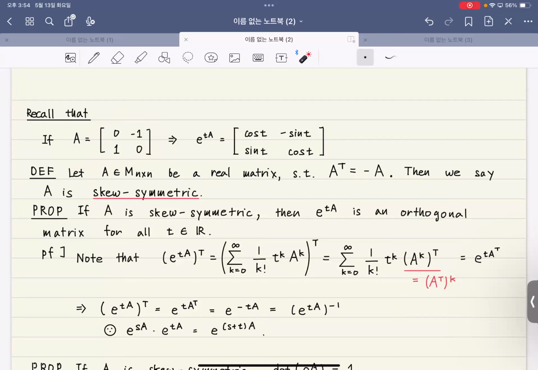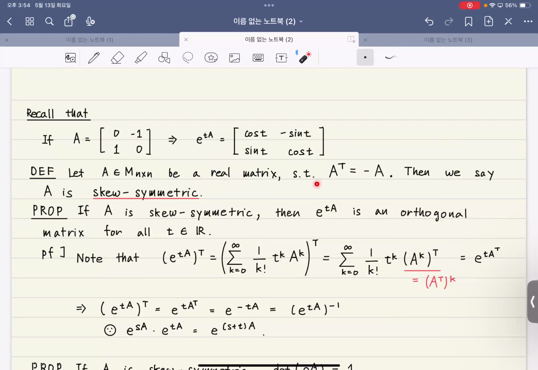All right, but I want to say this is not just a coincidence. So this is a very typical behavior of very special kinds of matrices. Suppose that I have some square matrix A, which is n by n, a real matrix. So that means whose entries are all real numbers.